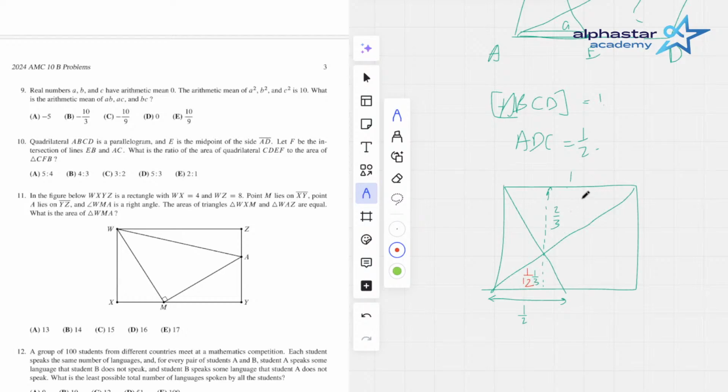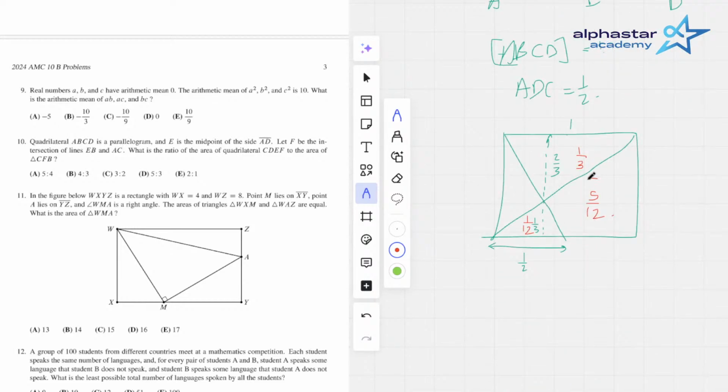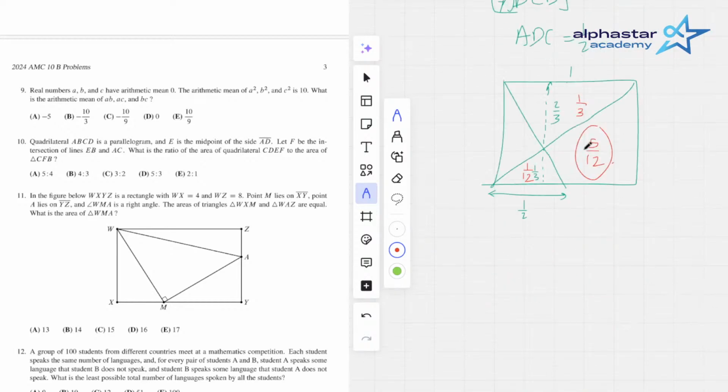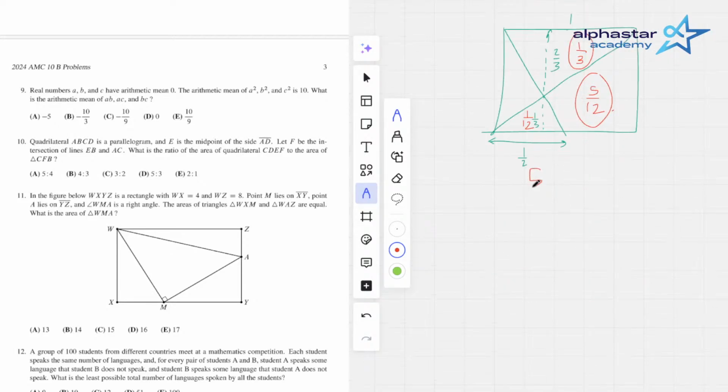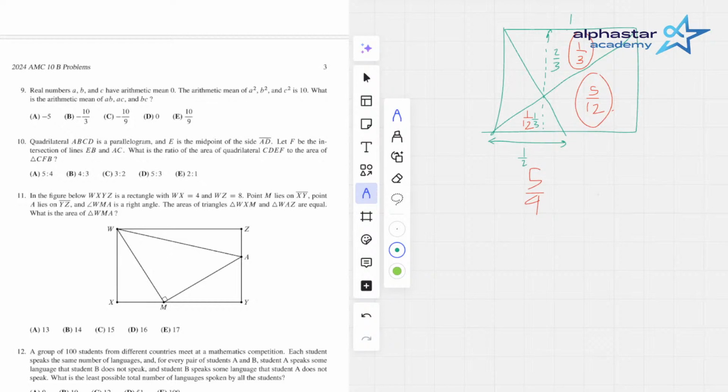This area would be 1/3. This area would be 1/2 minus 1/12, which is 5/12. So the ratio would be 5/12 to 1/3, which is 5 to 4. And that would be A.